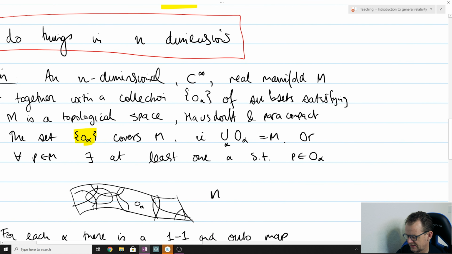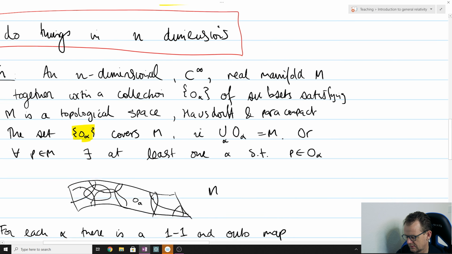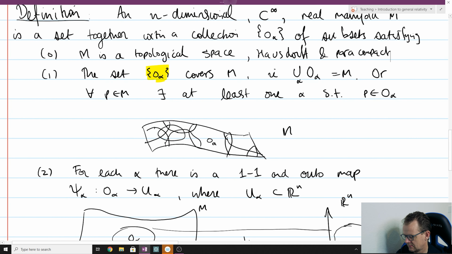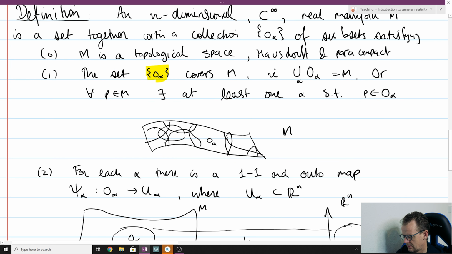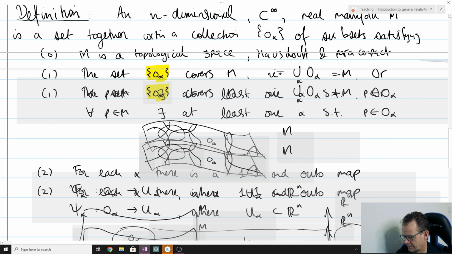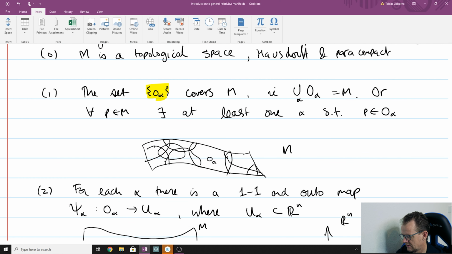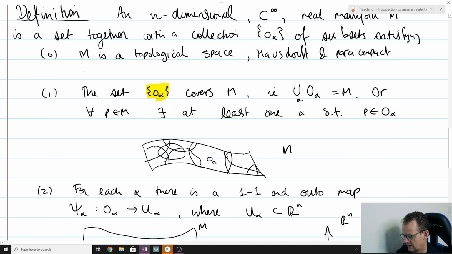And that these maps psi alpha are homeomorphisms.